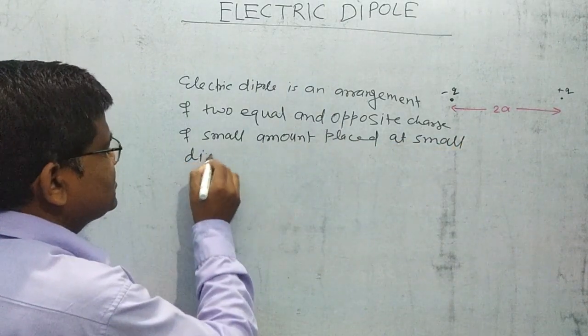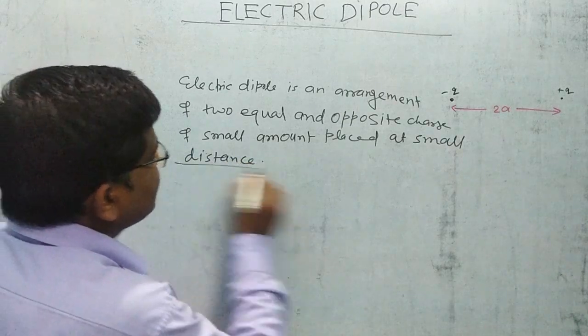A small distance arrangement is called an electric dipole.